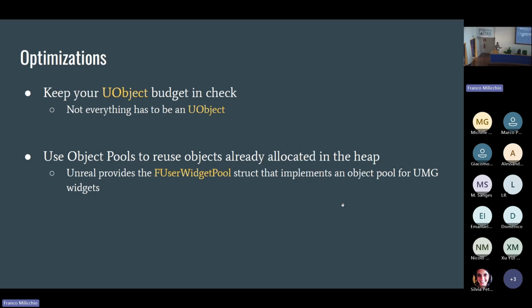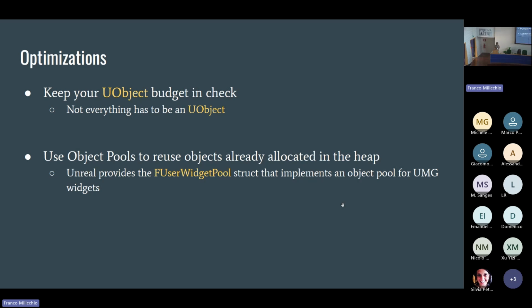Another way to keep your UObject budget in check is to use object pools. If you know what an object pool is, it is basically a container where you store 2 different arrays of objects. One contains the objects that are currently in use, and one contains objects that are no longer used but can be reused in the future.